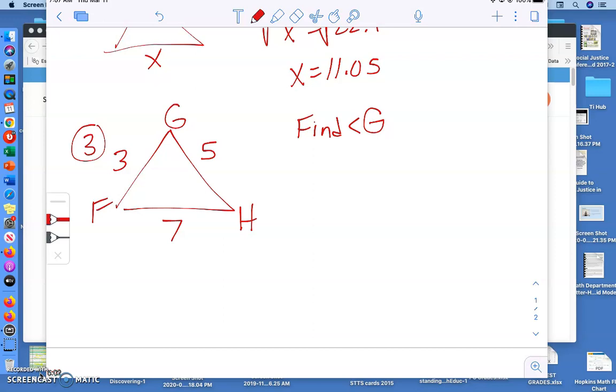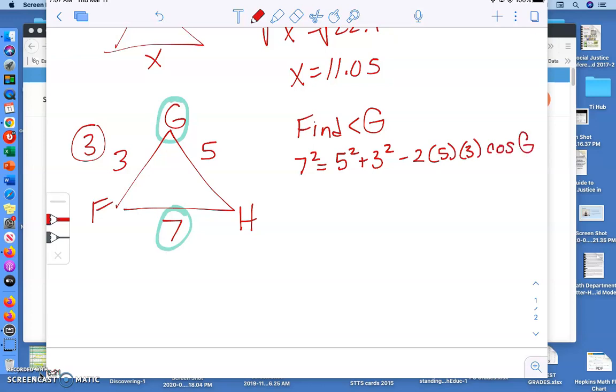So if we want to find angle G, I'm going to start with this side and set it up: 7 squared equals 5 squared plus 3 squared minus 2 times 5 times 3 times the cosine of G. Now this one's not quite as easy because you can't just type this into your calculator. You've got to follow order of operations.